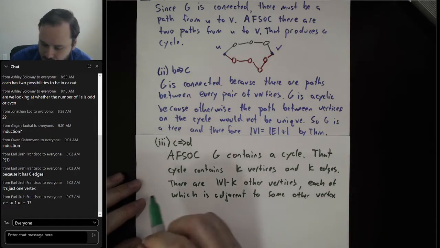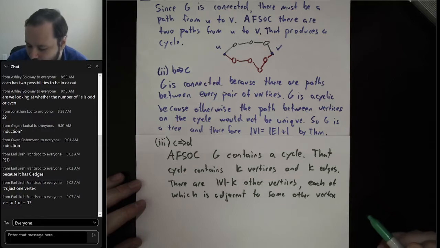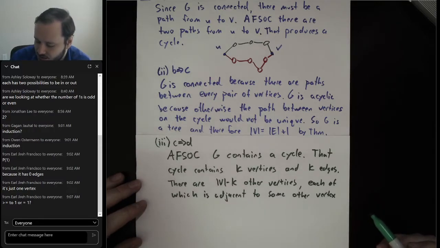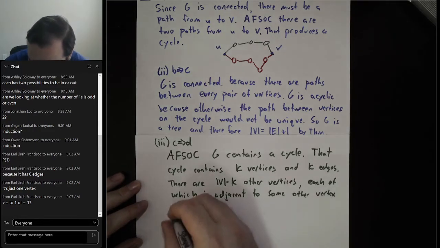So what I'm really doing is counting paths back to the cycle, through some other vertex eventually leading to the cycle.